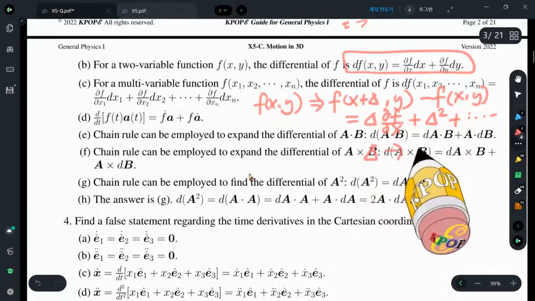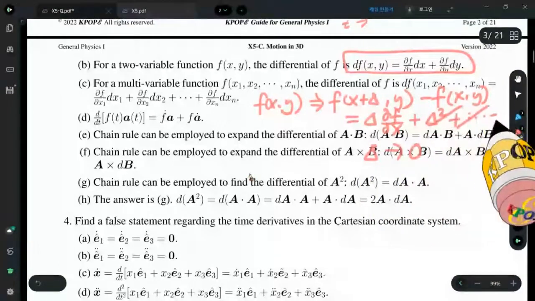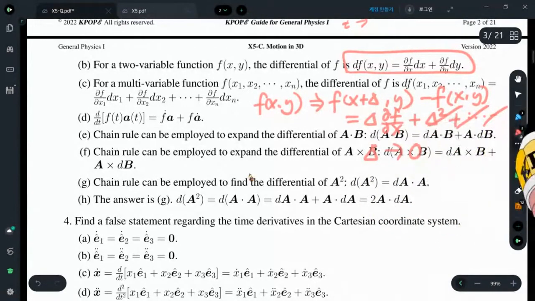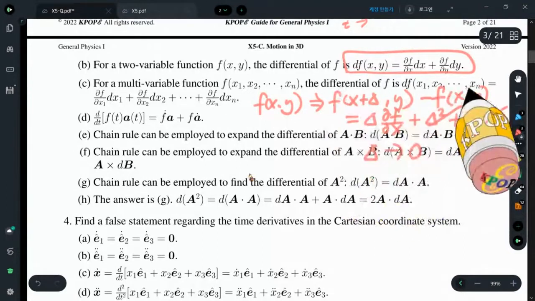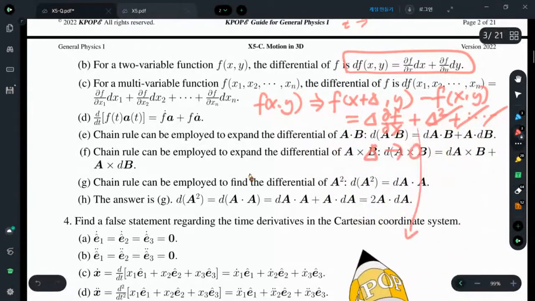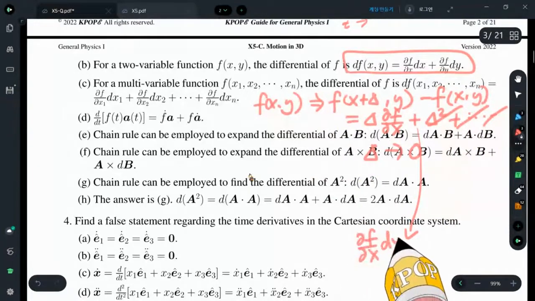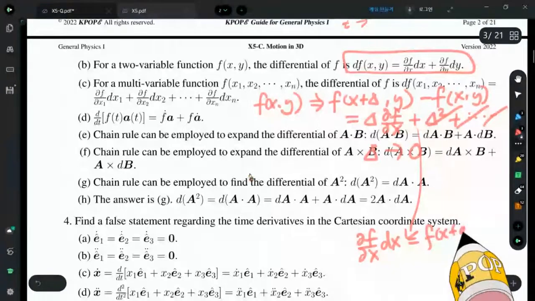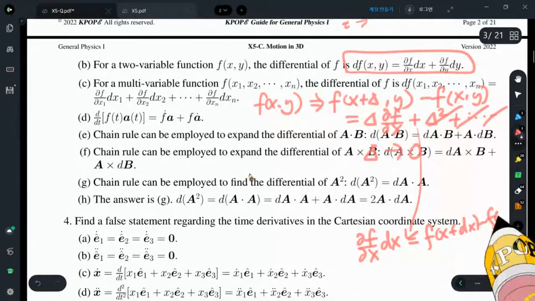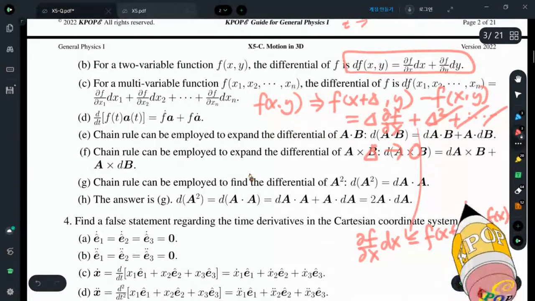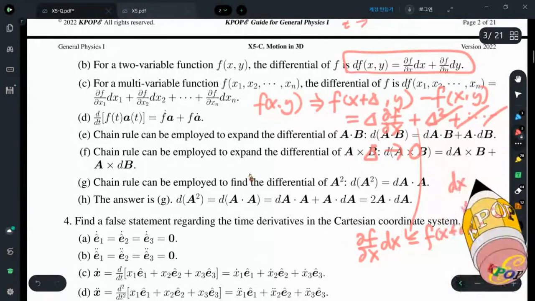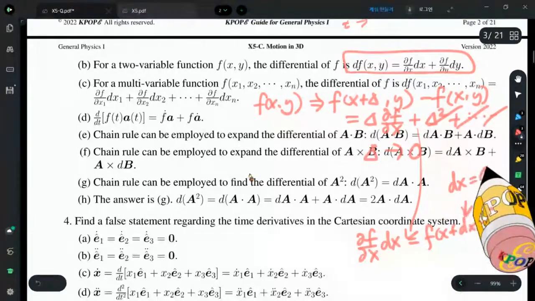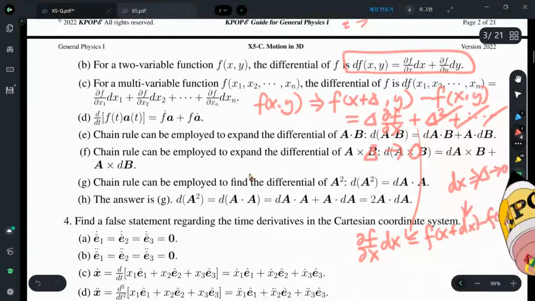In the limit, delta goes to 0, the other components vanish completely. And from this one, I can say here dx is delta as delta goes to 0.